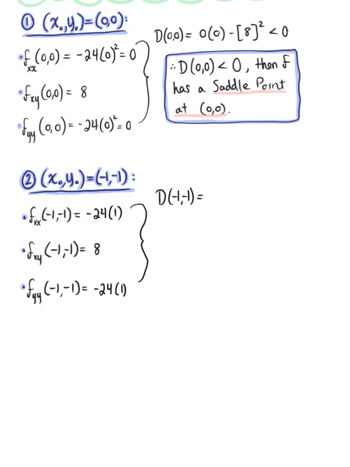Taking these numerical evaluations and plugging them into our discriminant, we have the discriminant at this point (-1, -1) is equal to negative 24 multiplied by negative 24 minus 8 squared, which we can see is positive.